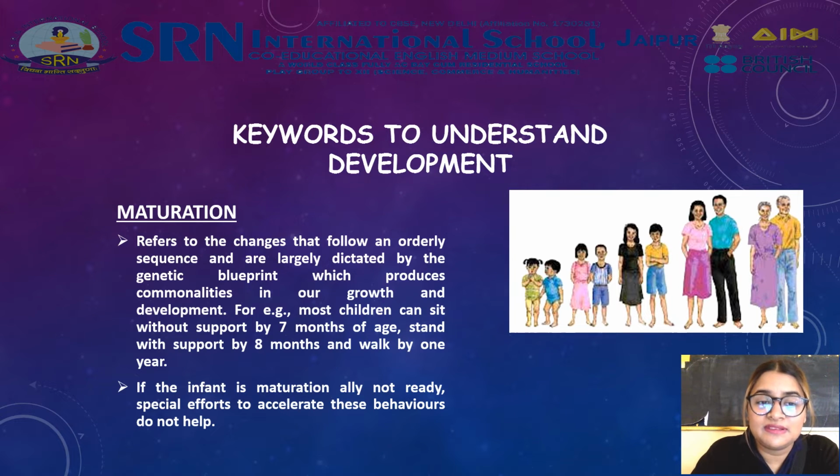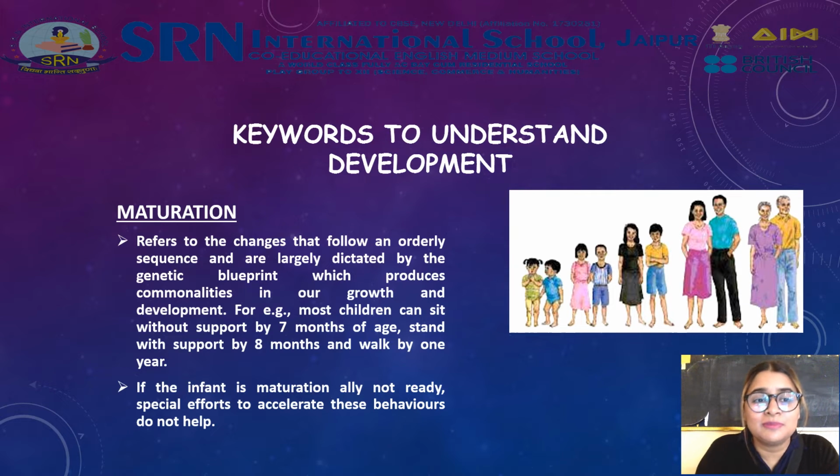Now there are some examples for this. That is, most children can sit without support by 7 months of age, stand with support by 8 months, and walk by 1 year. If the infant is maturationally not ready, special efforts to accelerate these behaviors do not help. I hope that you have understood what is maturation.